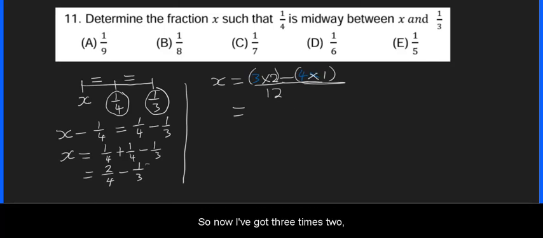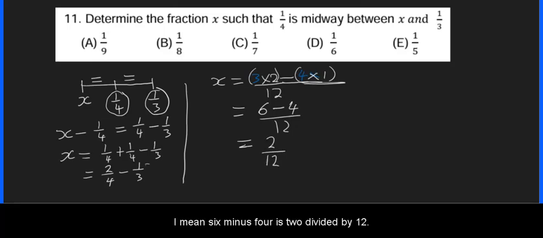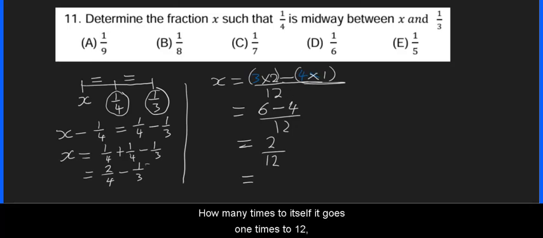So now I've got 3 times 2, which is 6, minus 4 times 1, it's 4, divided by 12. What is 6 minus 4? It is 2 divided by 12, and this 2 goes to 12 how many times?